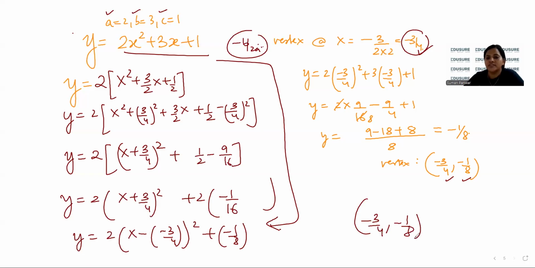Notice that a is positive. So a is equal to 2, which is positive. So we will have an up opening parabola. So now suppose I want to make a rough graph. How am I going to make it? So we have minus 3 by 4, minus 1 by 8. So this is the x-axis.